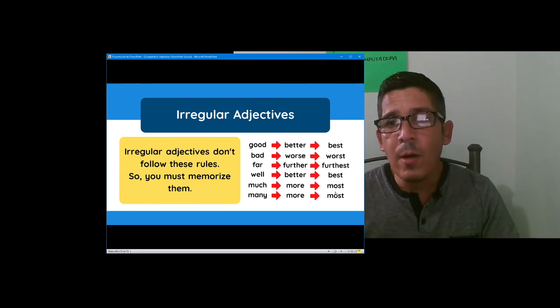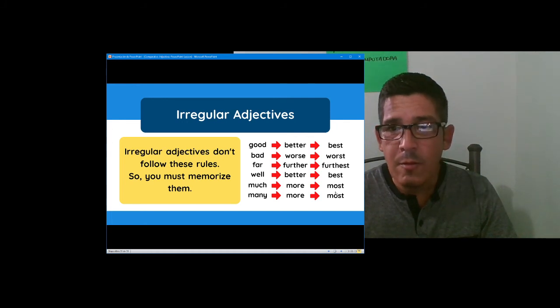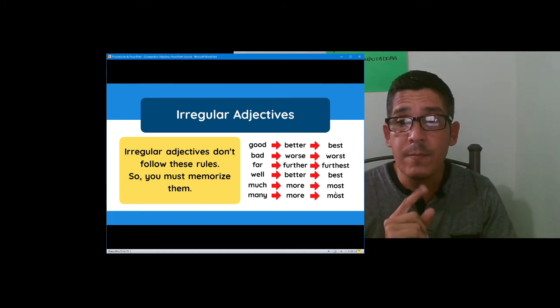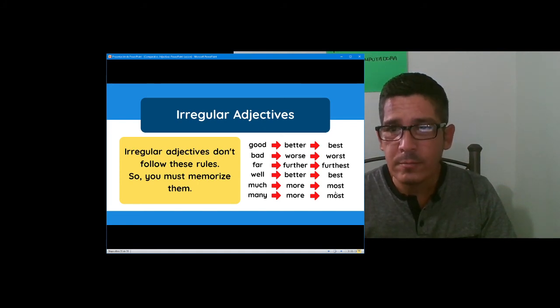Let's remember how to make the superlative forms. Remember that with short adjectives, one syllable, you are going to add est. Okay? Tall, tallest. Short, shortest. Small, smallest.